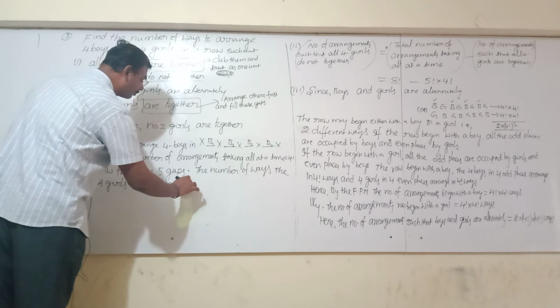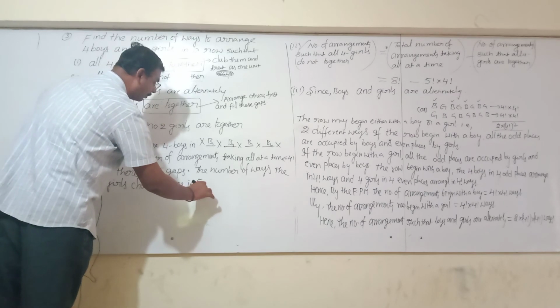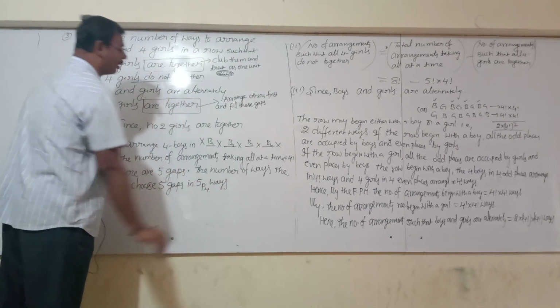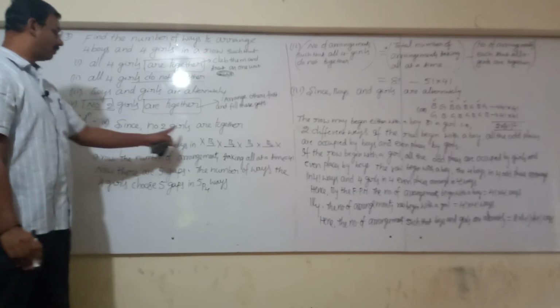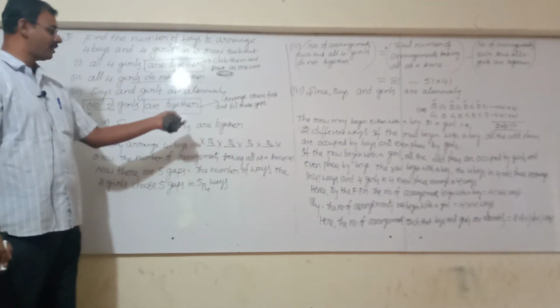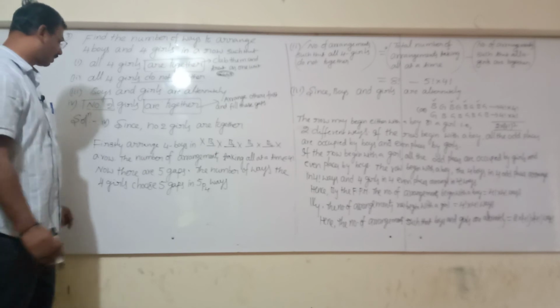How many ways? In 5P4 ways. So 5 gaps are there, 4 girls. How many ways are they choosing? 5P4 ways.